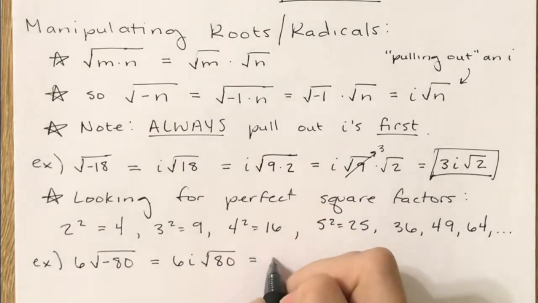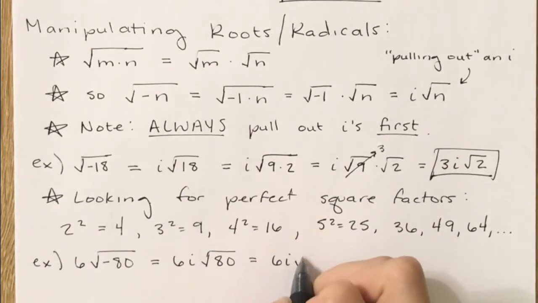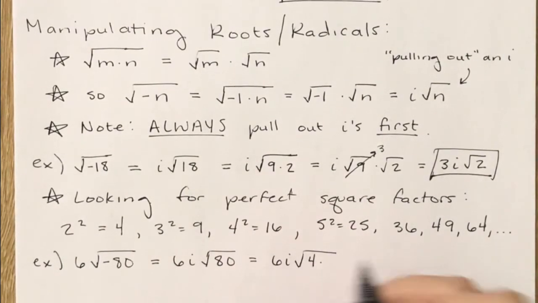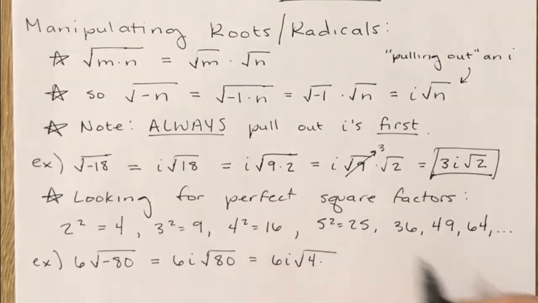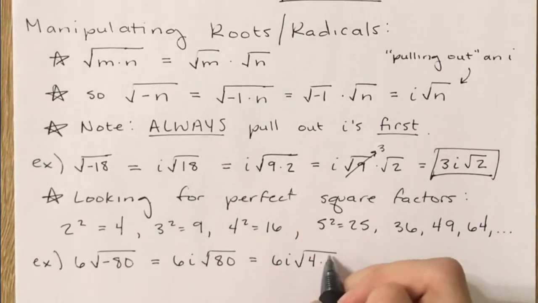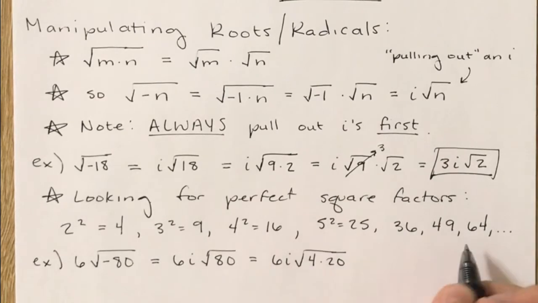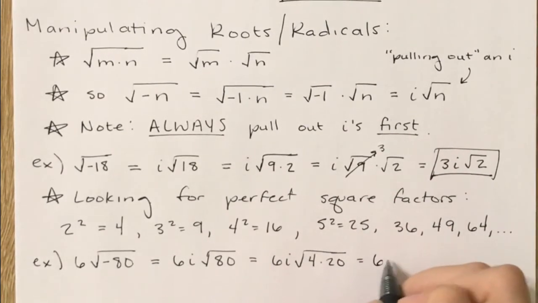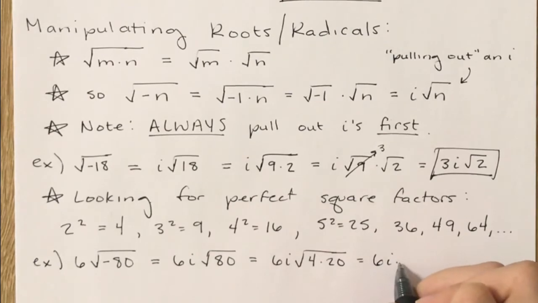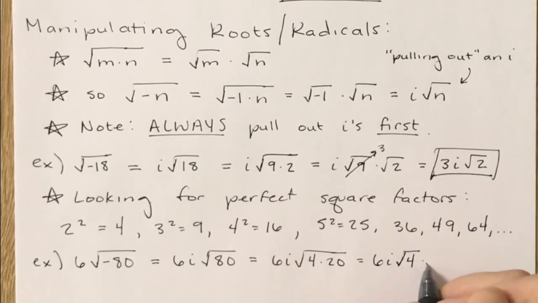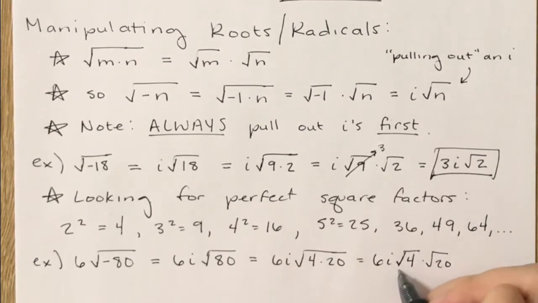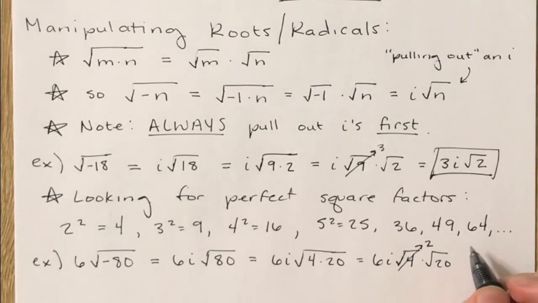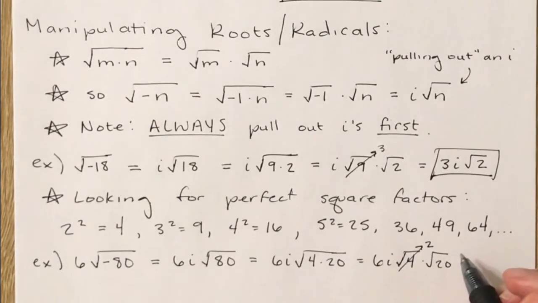So we have 6i times, if I pull 4 out here, I get 20 left over, right? 80 is 4 times 20. I can split those up. Square root of 4 becomes 2.